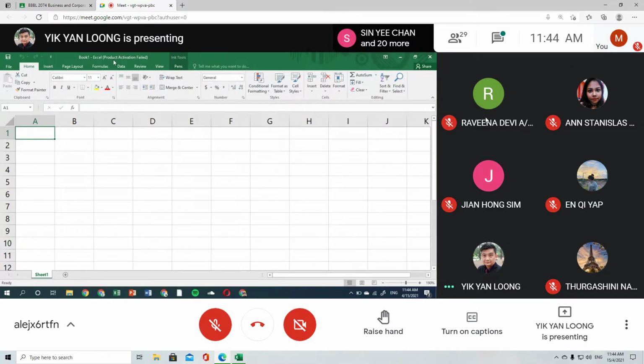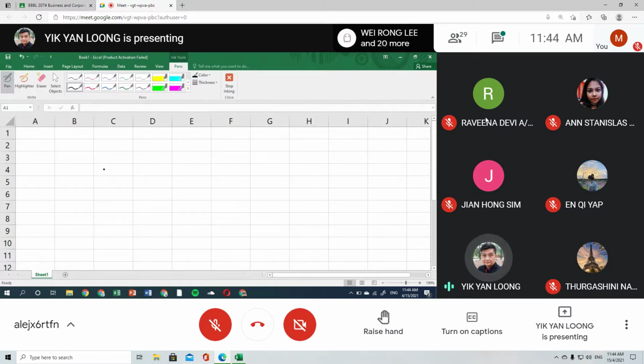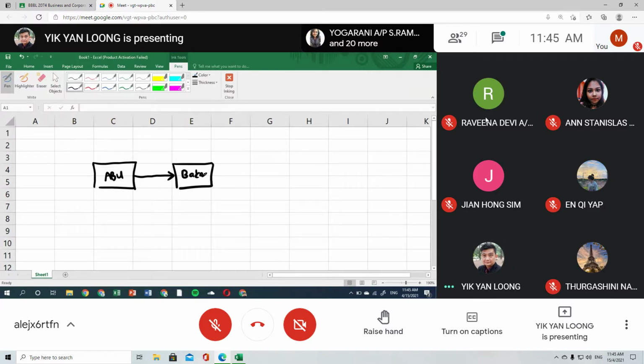So here you have two divisions. One is called ABU. Right. It produces a component to Baka. Baka will use it to produce the final product.